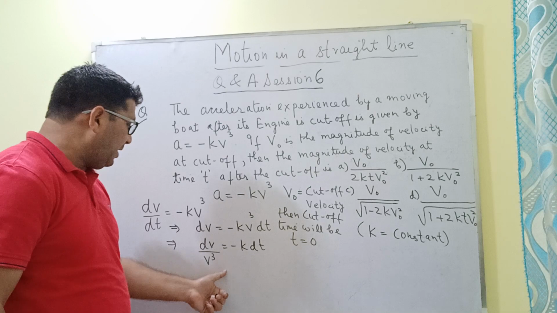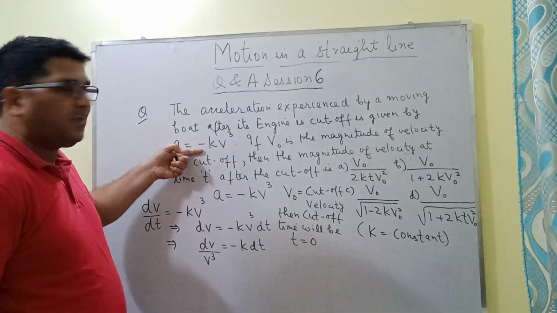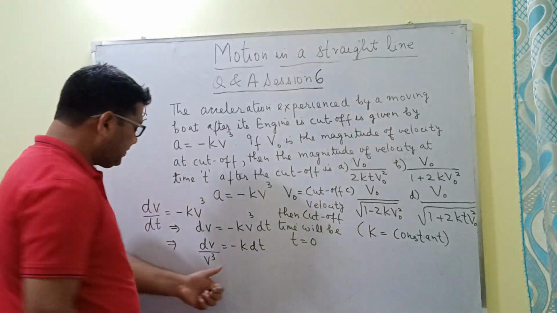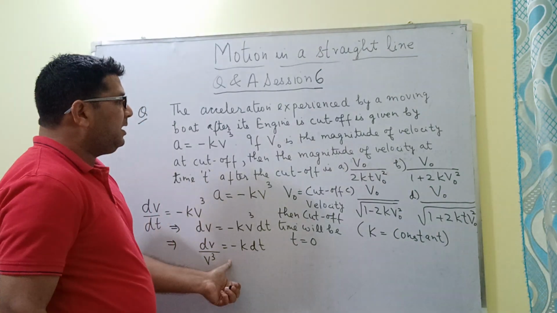Okay, so this is what I have got from this equation, that is a equals minus k v cube.